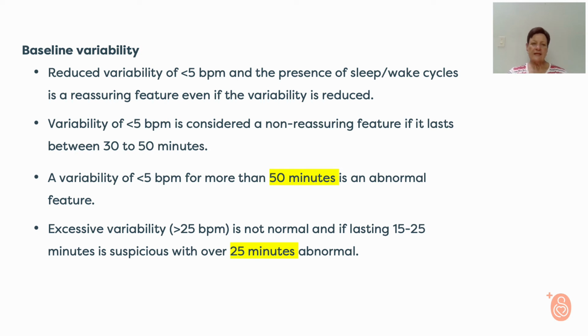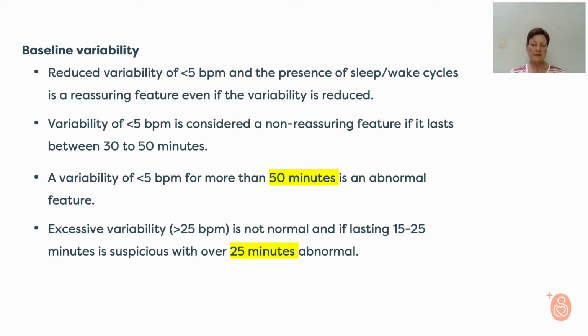Now, we've said that the normal baseline variability values are between 5 and 25. Reduced variability is less than 5. If it's in a normal sleep-wake cycle, we know that that is normal. If it's otherwise reduced, it's a non-reassuring feature.